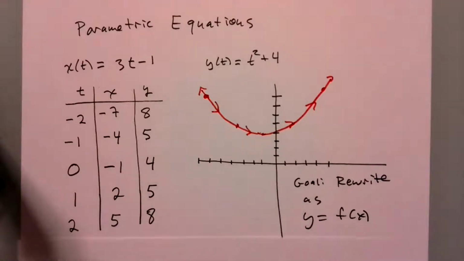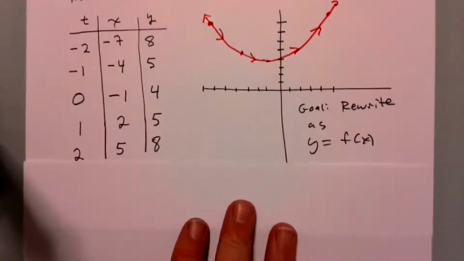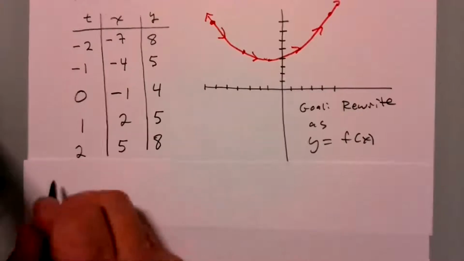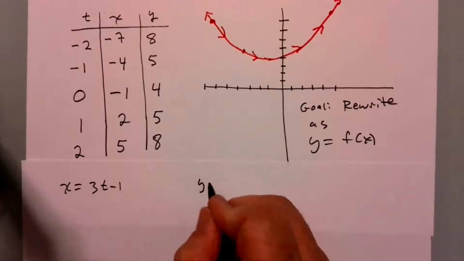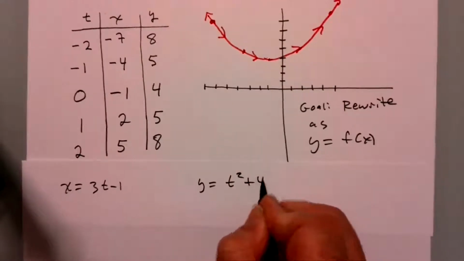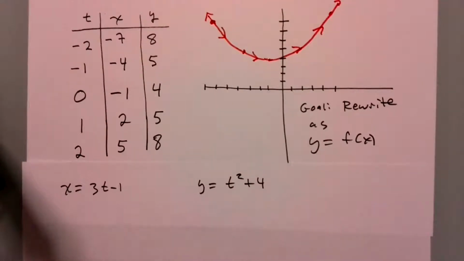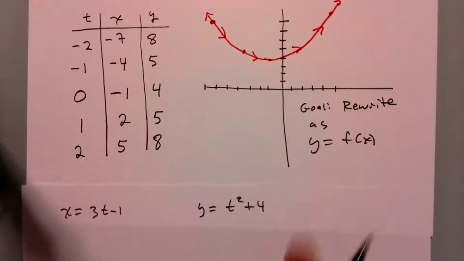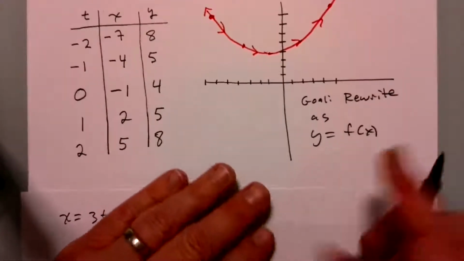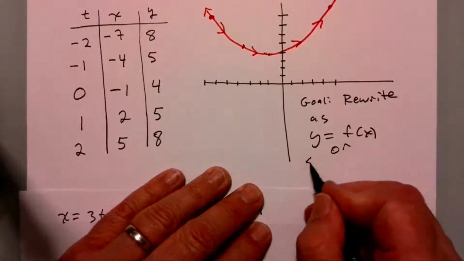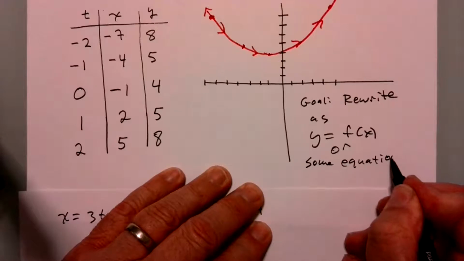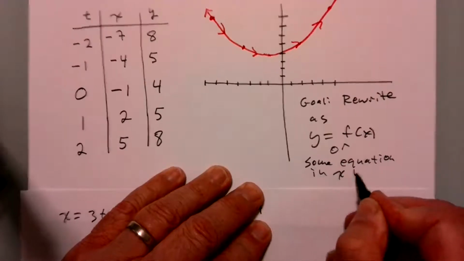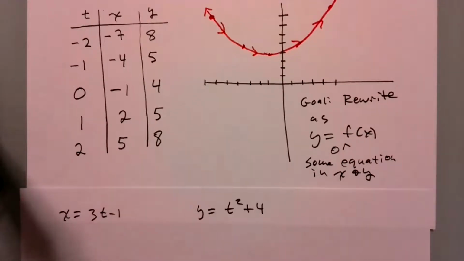Let me explain to you what I mean by that. So we have x is 3t minus 1, and y is t squared plus 4. I want to write some equation with x and y. So yeah, maybe y is f of x may be too ambitious, or some equation in x and y, in other words, with no t.